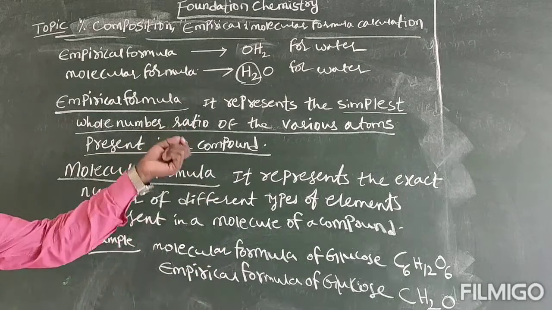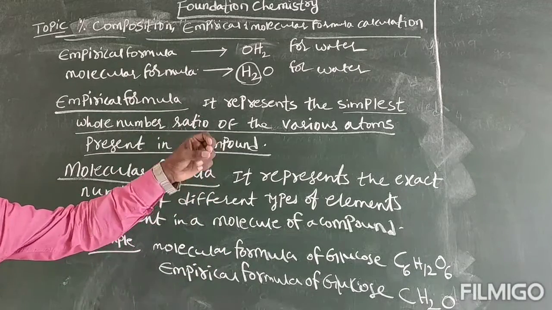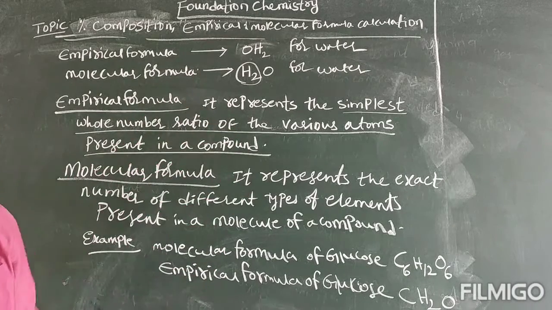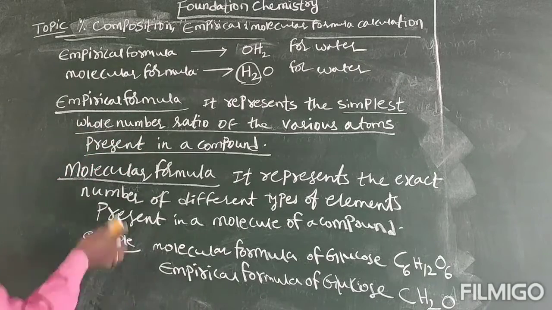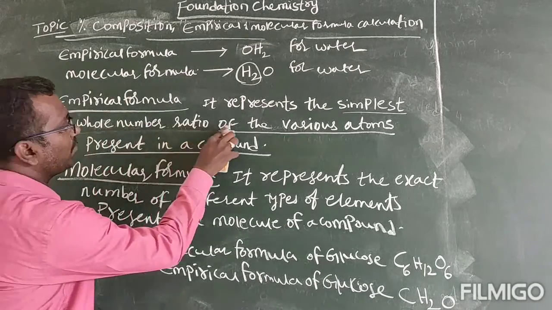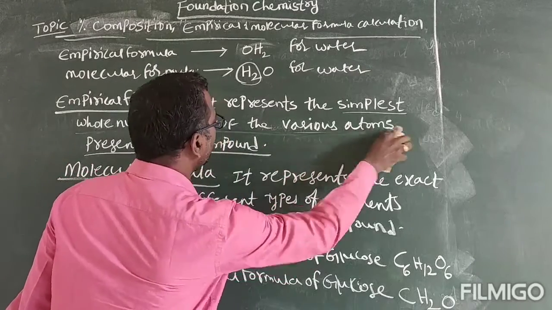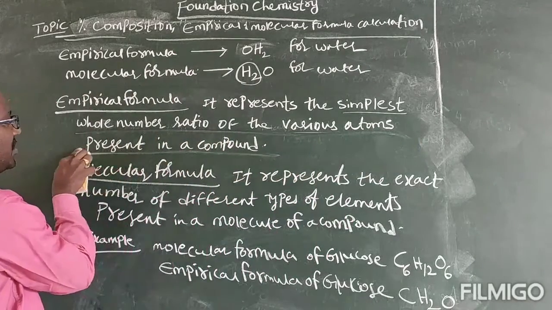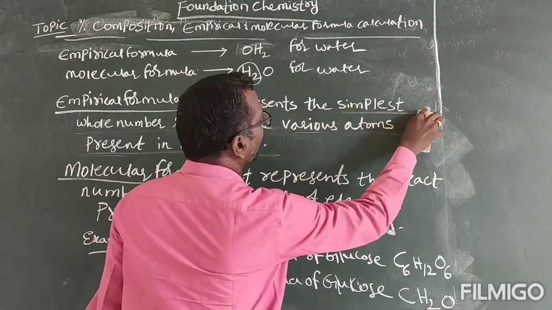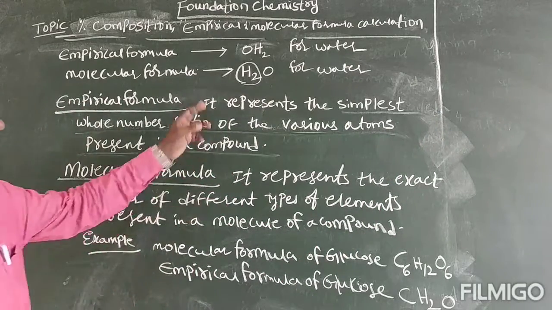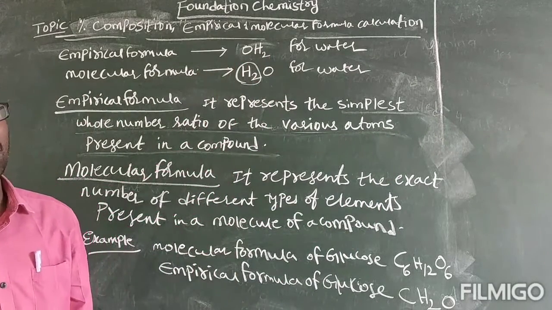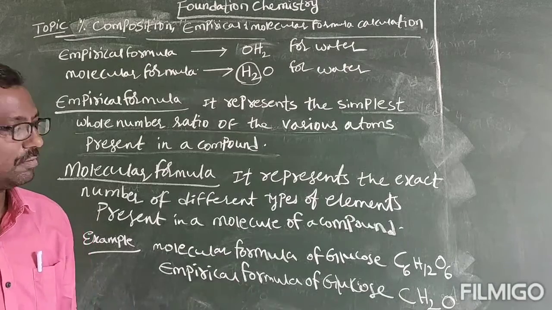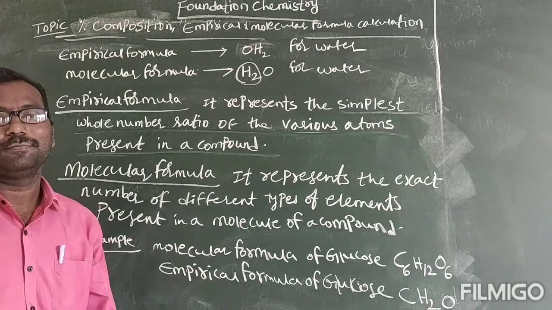How we are going to get the simplest ratio, that we will see now. Empirical formula is nothing but the simplest whole number ratio. How you are going to get the ratio, that is important.